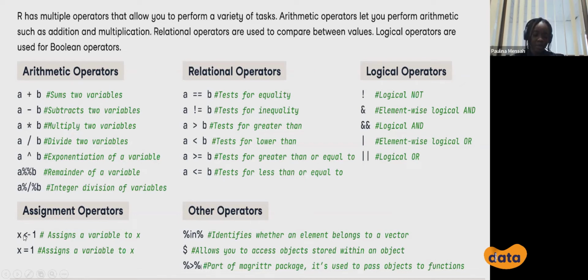The first one is the most popular in R. That helps because sometimes when you use equals, it can be confusing: are you assigning a variable, or are you comparing two objects? Are you testing for equality? It can be confusing in some languages. So for R, having this arrow-like thing helps. So that's basically it for this.